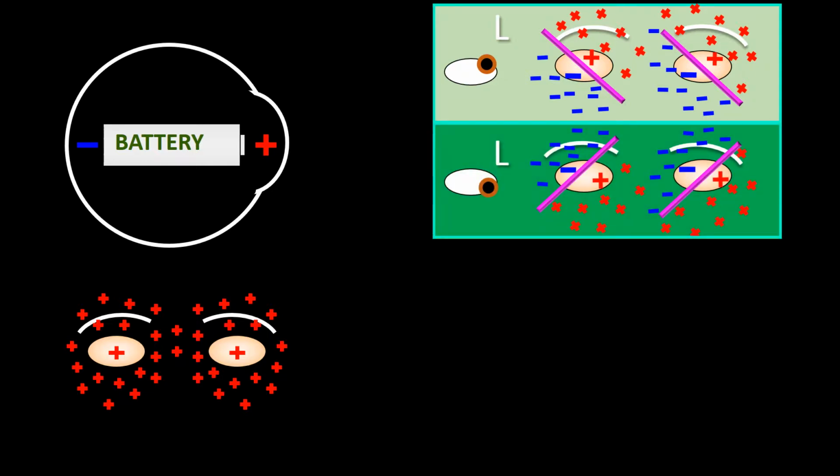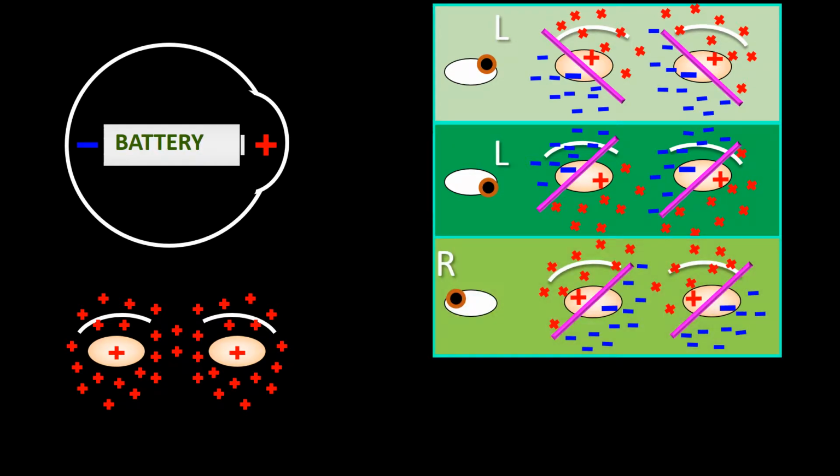Looking down and to the left will create a negative up and laterally in the right eye, and a negative up and a positivity laterally in the left eye. Looking up and to the right will create a positivity up and laterally in the right eye, and a positivity up and a negativity laterally in the left eye.